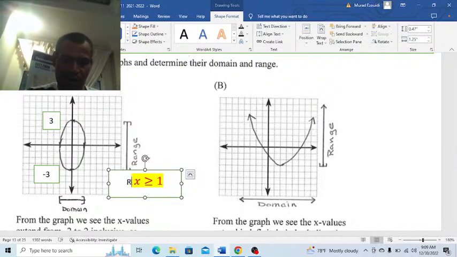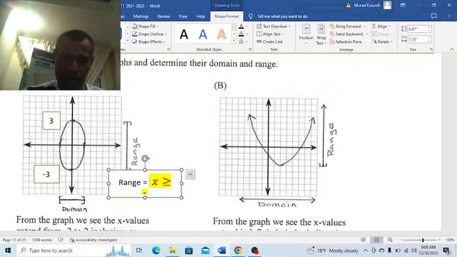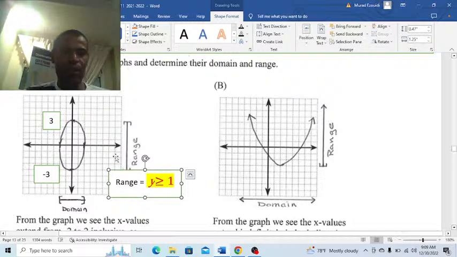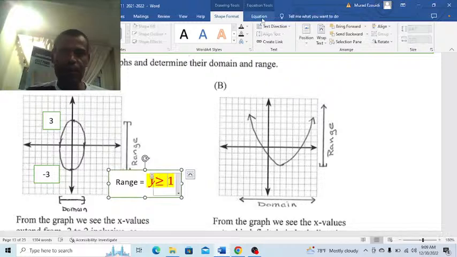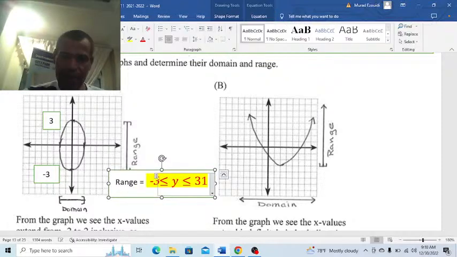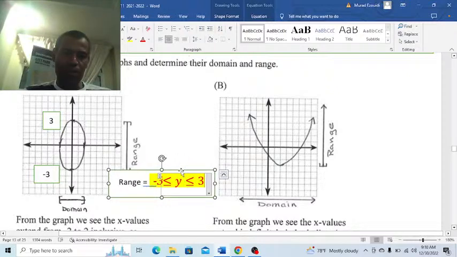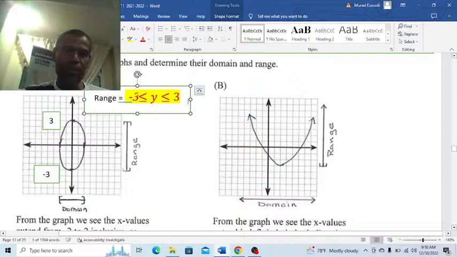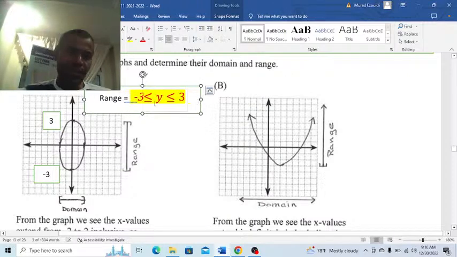So range is equal to y, and I will change the symbol. Learners, you can see this one. The range is y more than -3 and less than 3, or equal, of course.